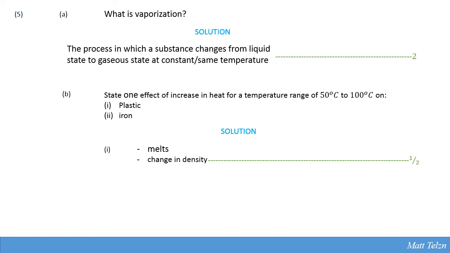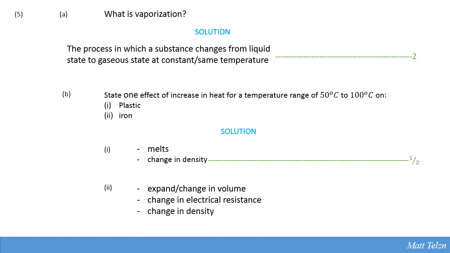Mention 1. If you mention 1, you are entitled to half mark. Then for iron, it causes expansion, change in volume, change in electrical resistance, and change in density. Also, if you mention 1 of it, you have your 1 mark. Total mark allocated to this question 5 is what?